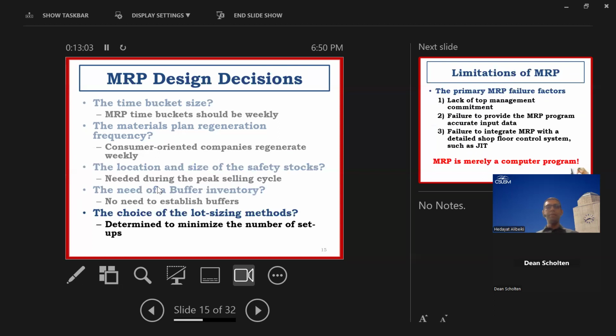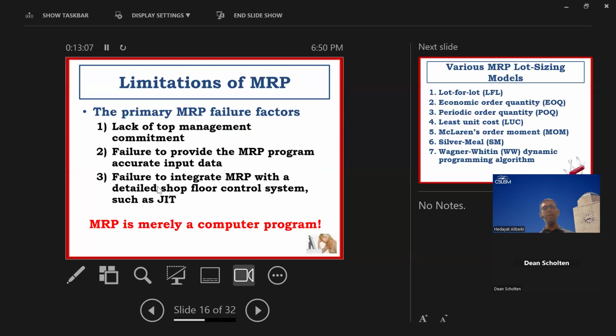All right, let me go to lot sizing. That was the thing I wanted to talk to you a little bit about. But before we get to that, failure factors for MRP. If you have an MRP but no one uses it, that's clearly a failure. Especially the top managers, they have to support it.